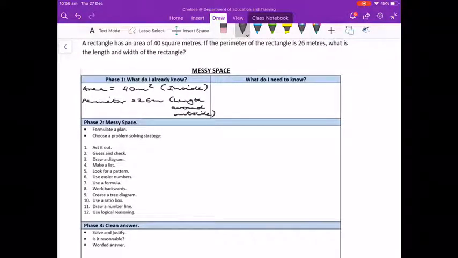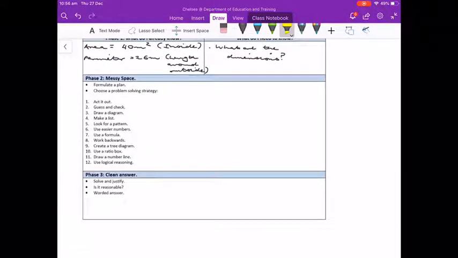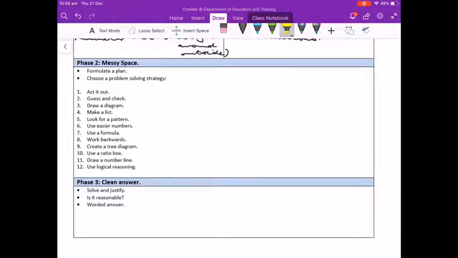What do I need to know? I need to know what are the dimensions within the rectangle. Let's look at phase 2, our messy space, and we are using a formula.